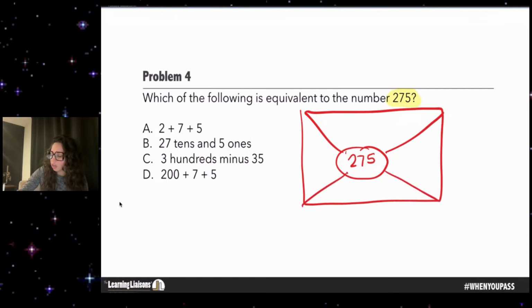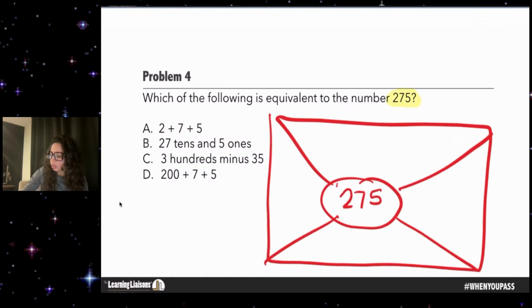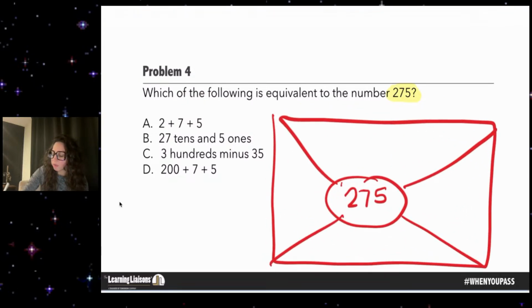Like I could represent it as expanded form. I could represent it in place value form. I could draw a picture of it. I could write it in like words. There's a variety of ways I can represent it.